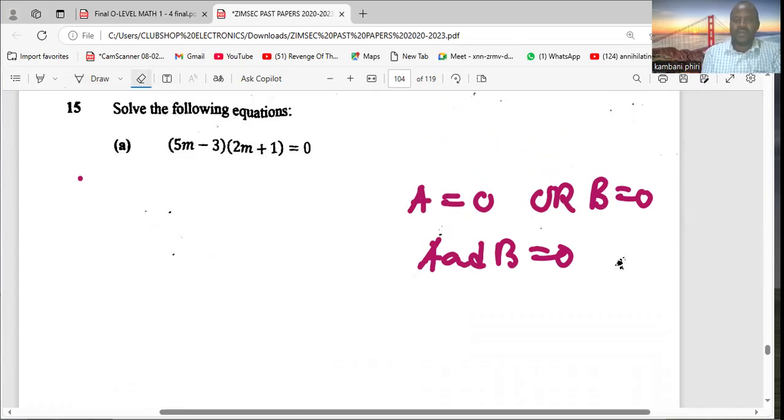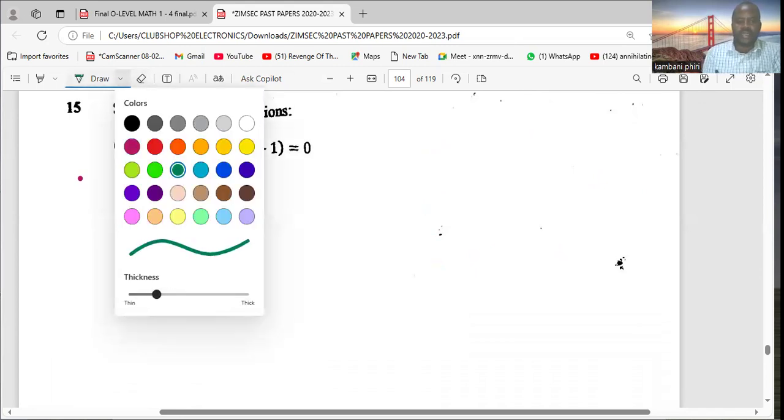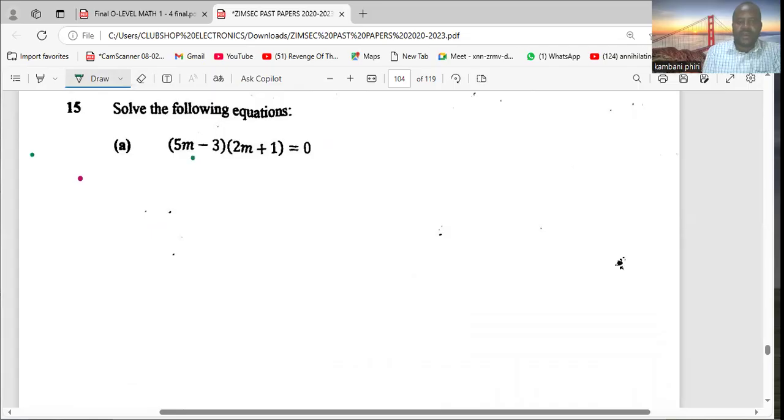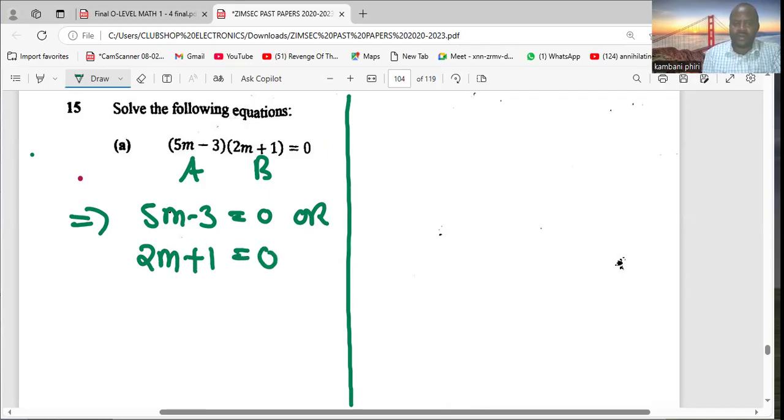So from this, we may assume that maybe this is our A and this is our B. So this implies that our A, 5m minus 3, is equal to 0, or it is 2m plus 1 is equal to 0.